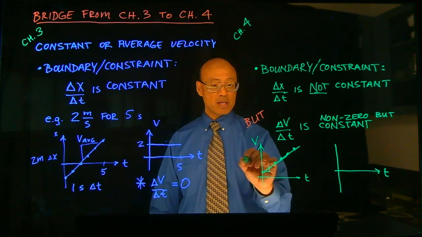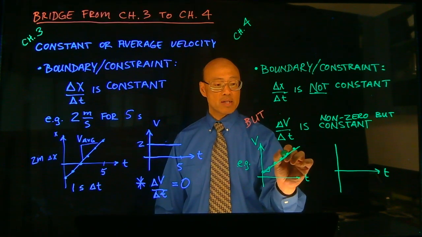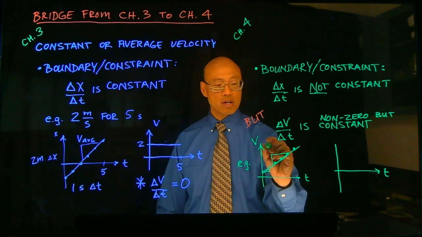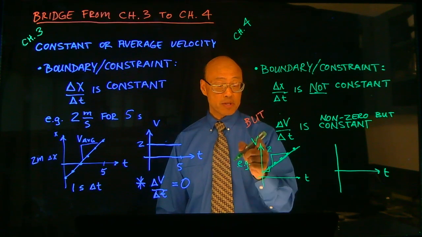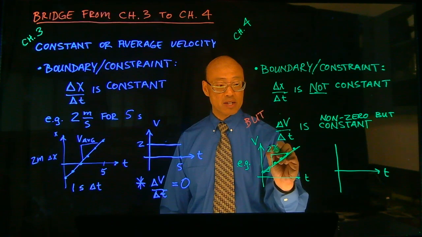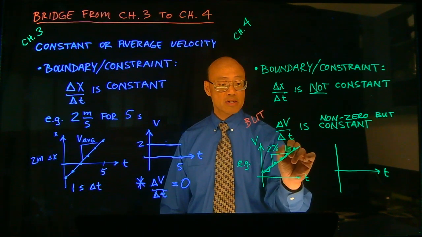The slope might be, just as an example, a rise of 2 meters per second, because that's the units of my axis. So my rise is 2 meters per second, and let's say my run is 1 second.